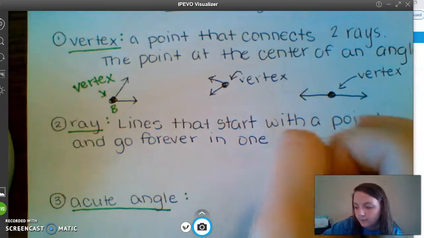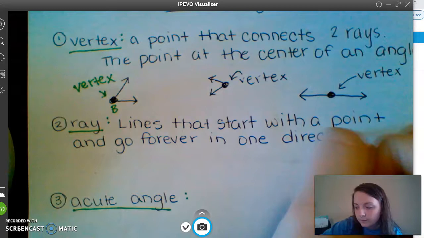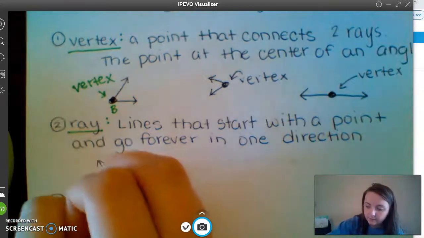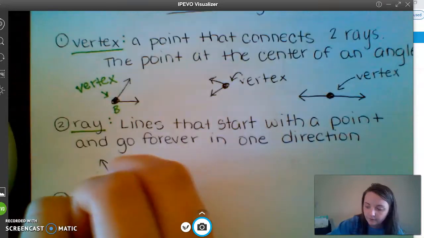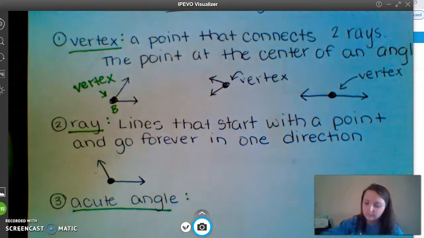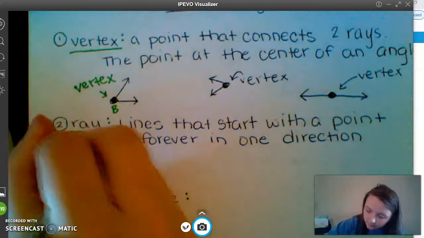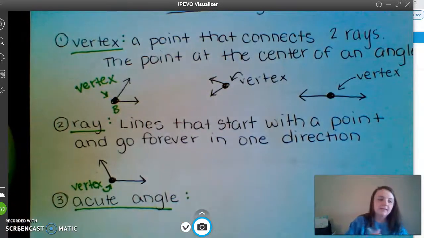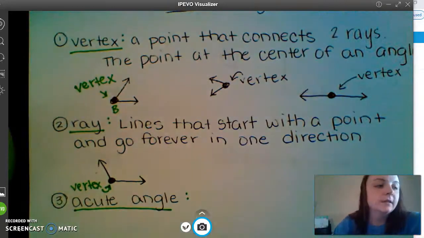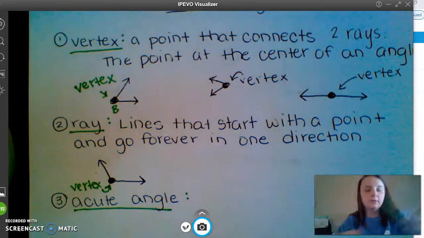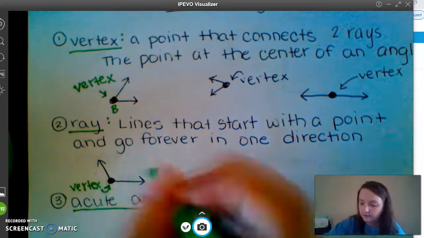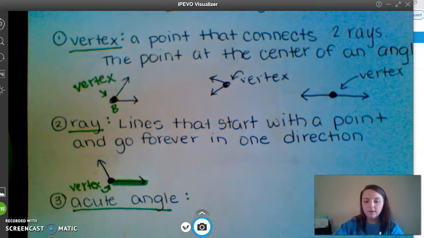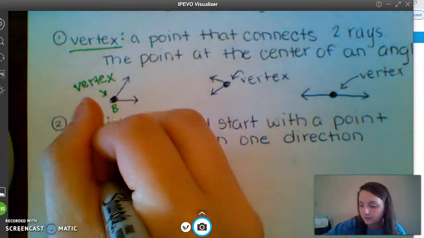So an example of this would be something like if we have this angle, your vertex is still that point, and then your two sides that come off of the vertex. So let me get two different colors. This is a ray, and then this is a ray as well.